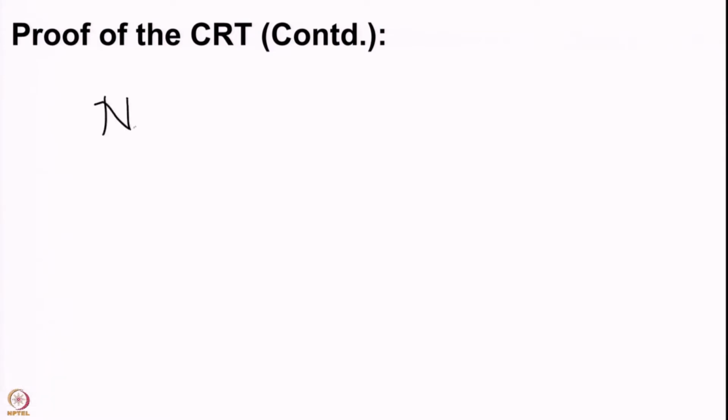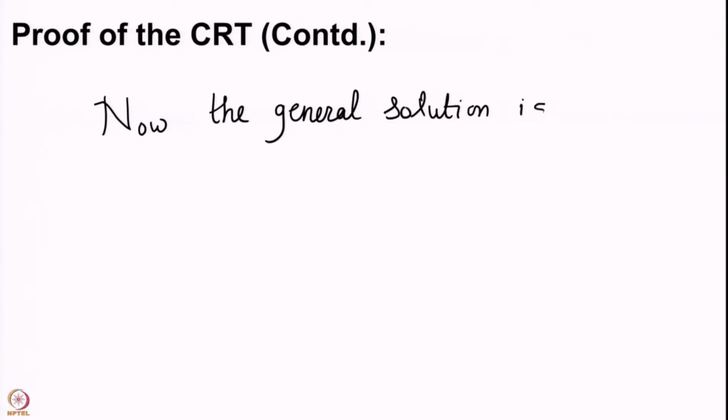And now the general solution is x equal to a1 x1 plus a2 x2 plus dot dot dot ak xk.